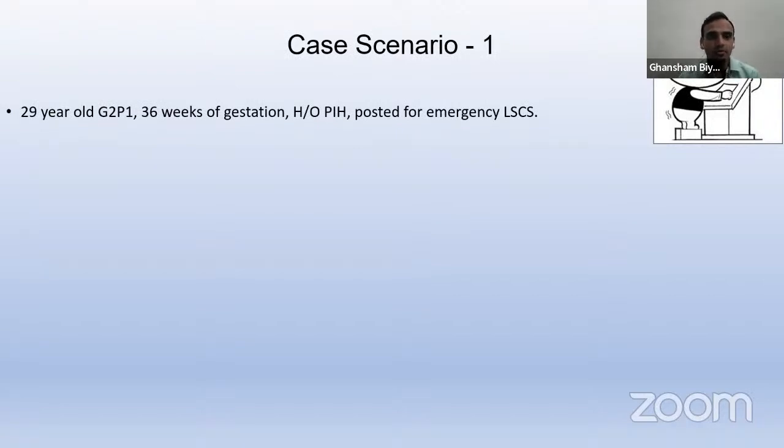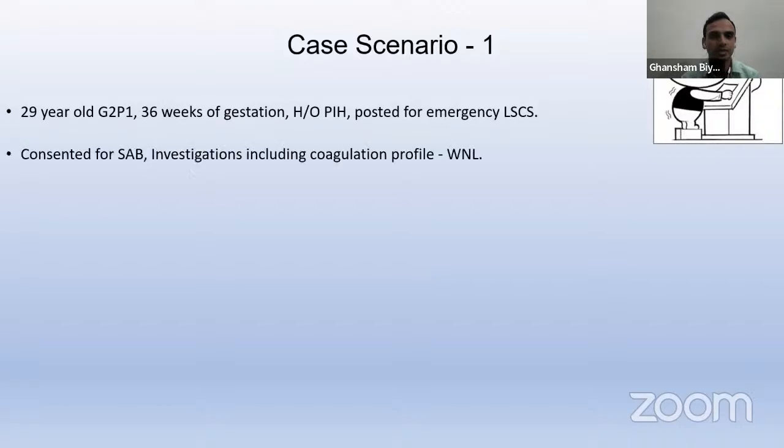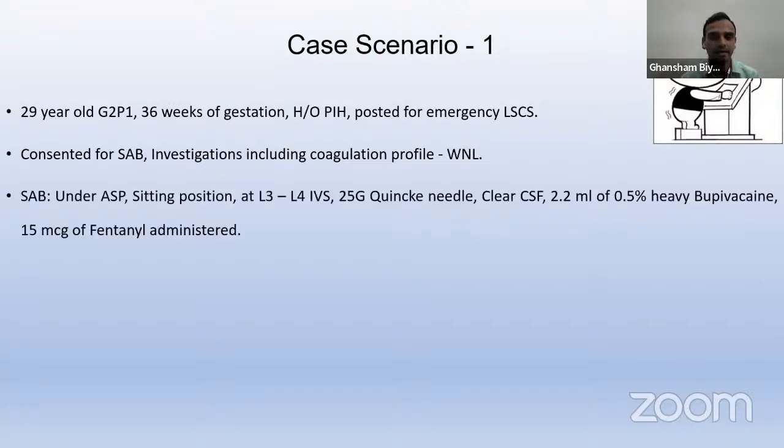Let's say you have a 29-year-old Gravida 2 Para 1 patient who comes to you with a history of pregnancy-induced hypertension and is posted for an emergency cesarean section at 36 weeks of gestation. Her bloods, including clotting, were normal, so you consented her for spinal anesthesia and performed it in sitting position at the L3-L4 interspace using a 25 gauge Quincke's needle.